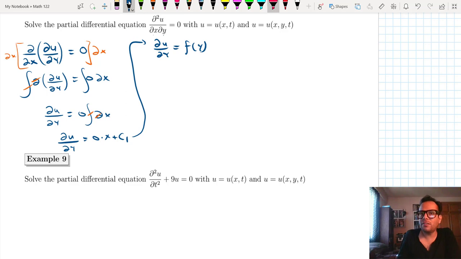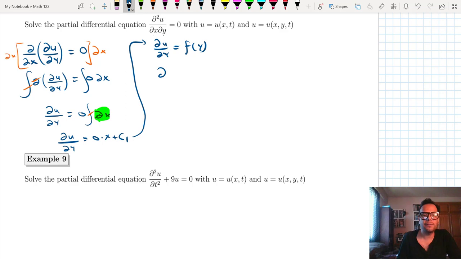Because the first integration was done with respect to x. We held the other variable, in this case y, constant. Okay, so in this case, we are going to obtain some function f of y.